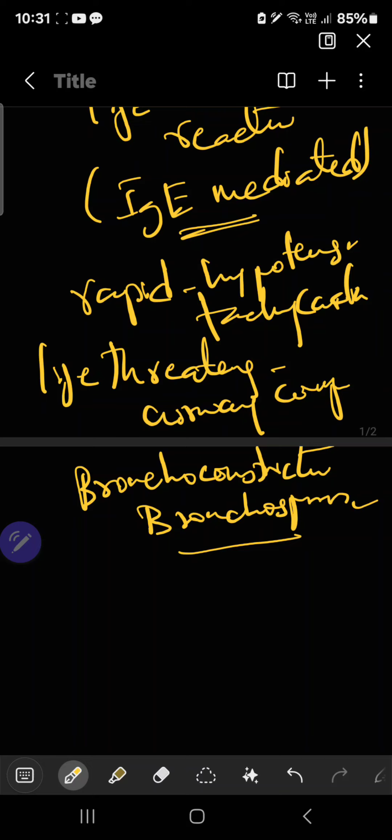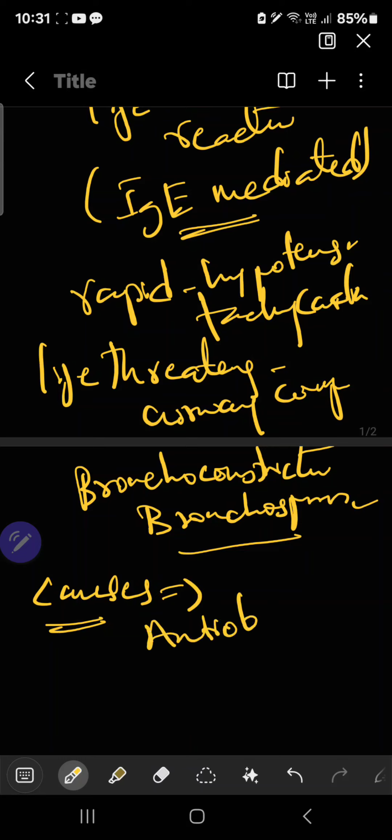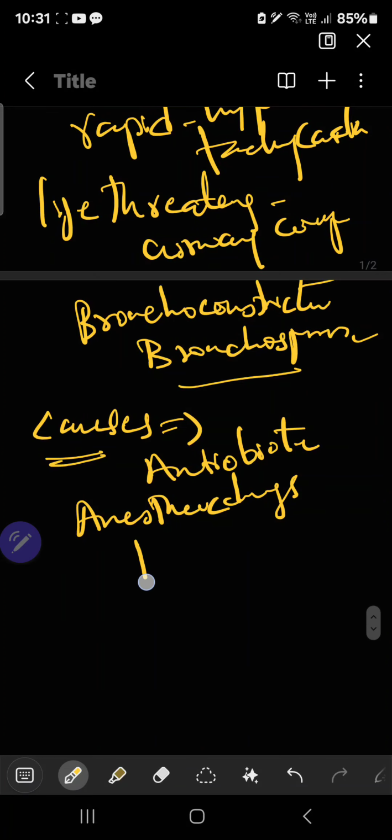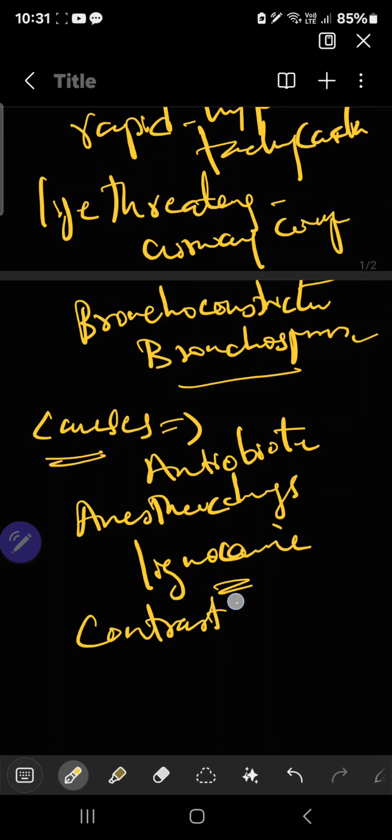So what are the causes that lead to this hypersensitivity reaction, anaphylactic reaction? Namely antibiotics and anesthetic drugs, for example lignocaine, and contrast media, and food allergy.